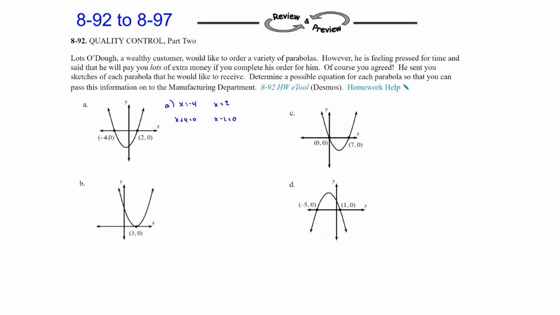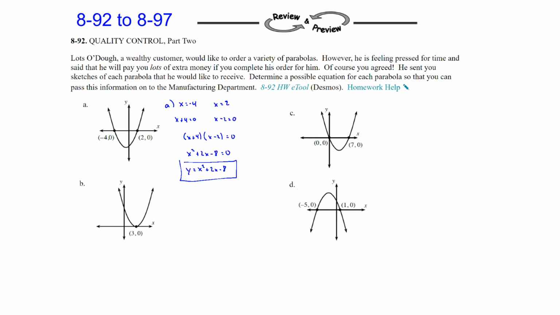And that gives us our factors, and then we can take these factors and work backwards to set them up as our zero product property, where usually we split them apart. Now we can multiply them together, get x squared plus 2x minus 8 is equal to 0, but we want to write it as an equation, so we want to say y equals x squared plus 2x minus 8. So that would be the parabola, at least one possible parabola for Part A.